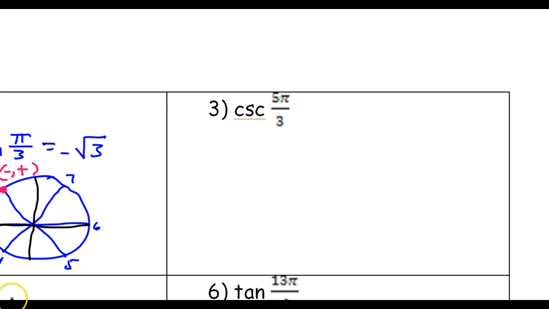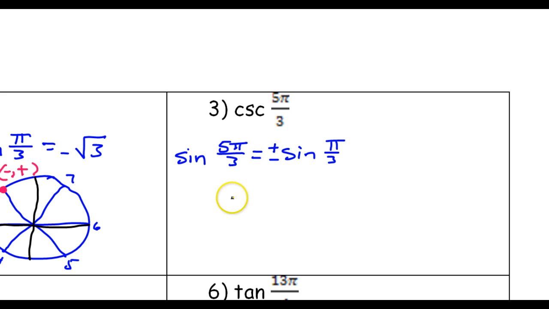Alright, let's look at one more example. Number 3. Well, cosecant is the reciprocal of the sine function. So let's start off by finding the sine of 5 pi over 3. Now, the sine of 5 pi over 3 is going to be the same thing as the sine of the reference angle pi over 3, except maybe it's positive and maybe it's negative. We're going to have to figure that out.